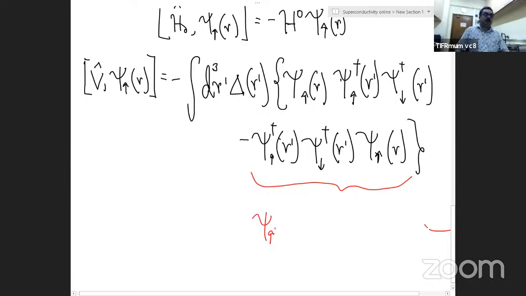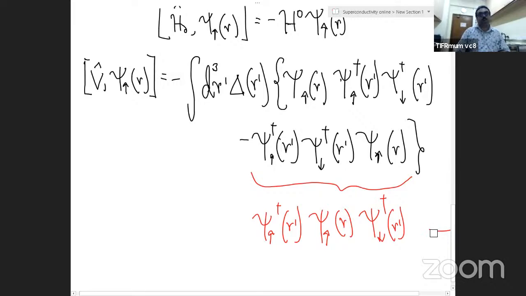So I will get psi up R1, psi up R, and psi down R1 dagger. Now I can do something else, and what is that something? Let me think of what I had done because I have completely forgotten.